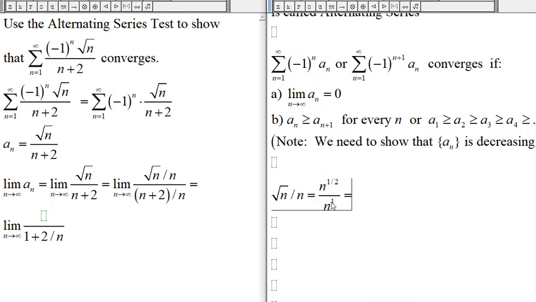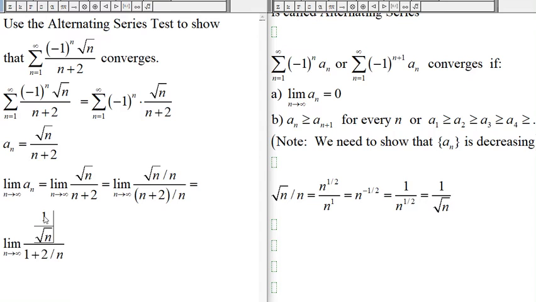And recall that when you divide, you subtract the exponents. So 1/2 minus 1 will be negative 1/2, which is the same as 1 divided by n to the 1/2, which is the same as 1 divided by the square root of n. So in the top we get 1 divided by the square root of n.